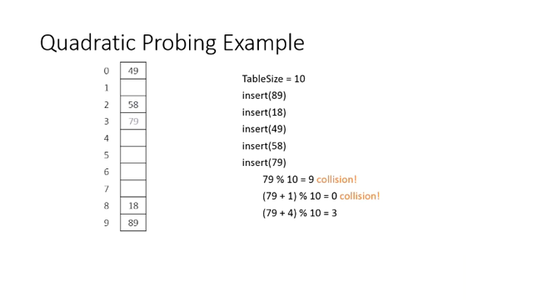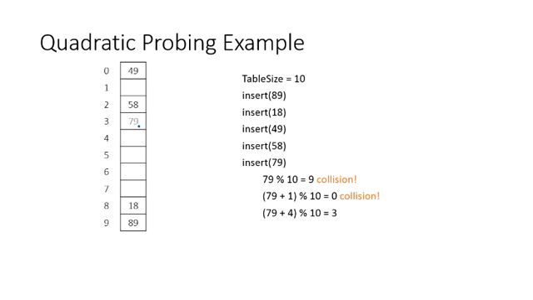Next is 79. You can see a collision happens for the first time. For the first collision, it will go to 9 plus 1, which is 10, so the 0th position. That is occupied, so again a collision. So you have 9 plus 4, which is 13, and 13 mod 10 is 3.